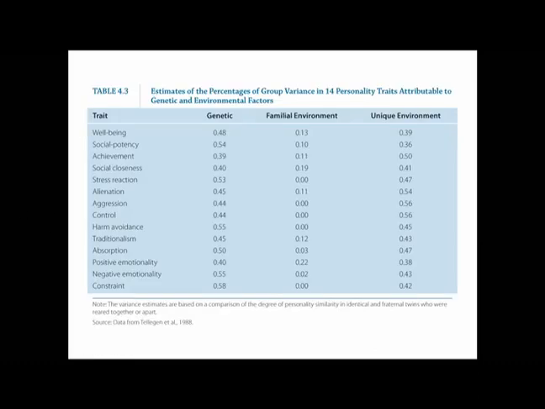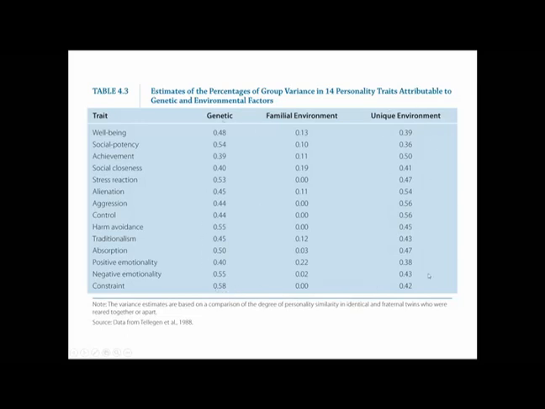And this table is just a summary of a bunch of the different traits related to personality that they had measured. And we're just looking at this very, very quickly to show that this genetic component ranges between 0.4, 0.39 is the lowest there, up to 0.58. That's where those numbers are coming from.